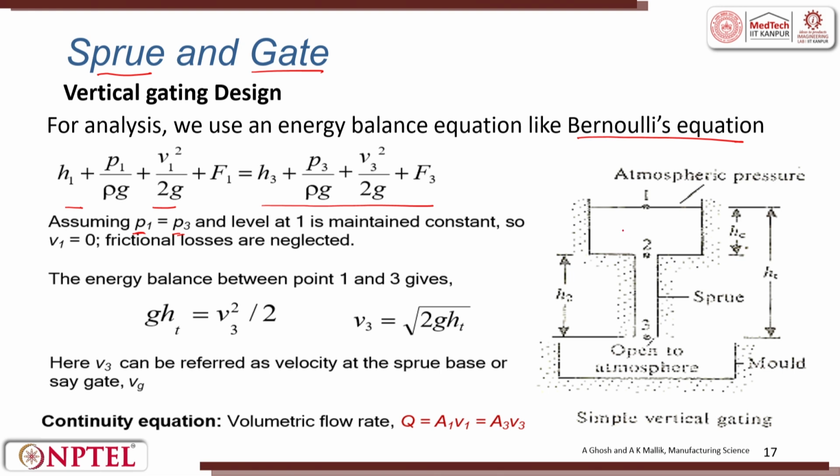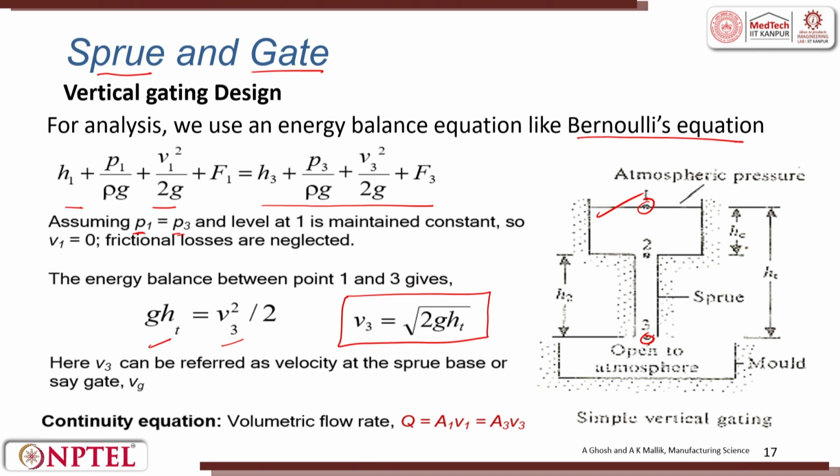You can see this figure. The energy balance between points 1 and 3 gives g·HT equal to V3 squared by 2, which gives V3 as the square root of 2gHT, where V3 is my velocity at the sprue base.